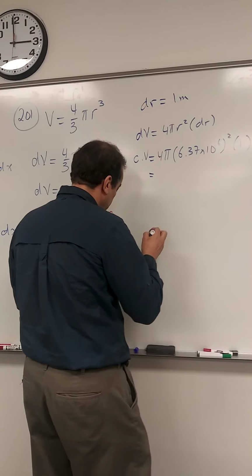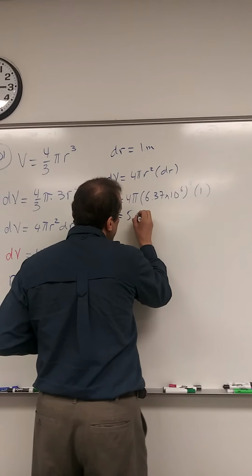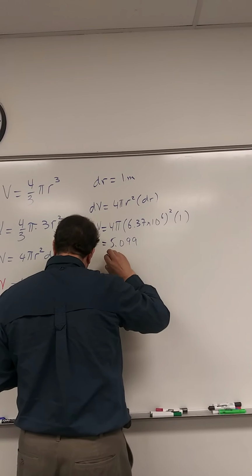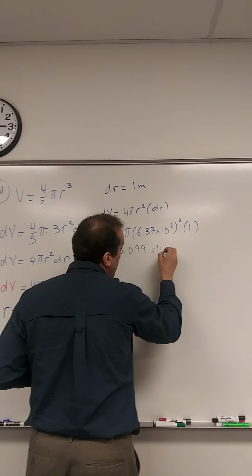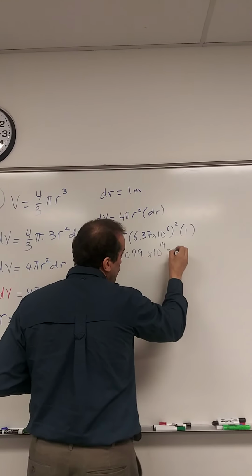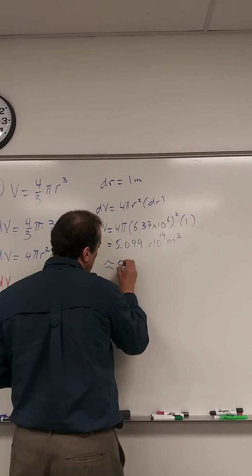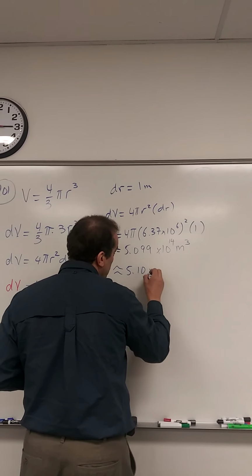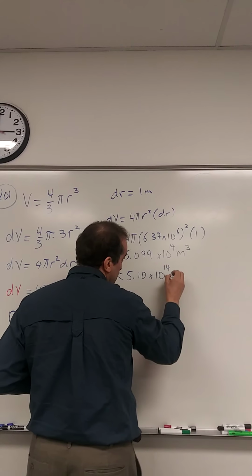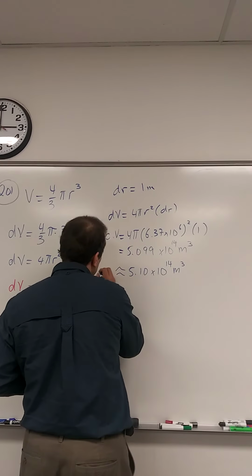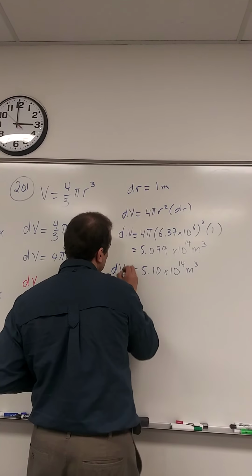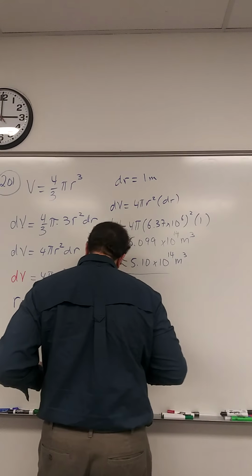This is equal to 5.099, ignore significant figures, times 10 to the power 14 meters cubed. So it's around 5.10 times 10 to the power 14 meters cubed. That's dV. That's what a differential is.